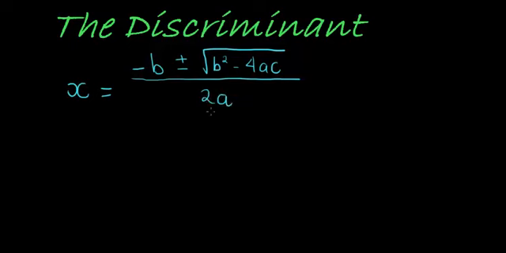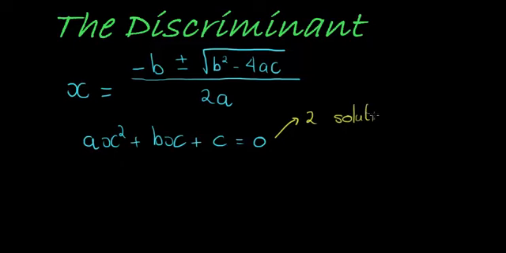Now you'll remember that this is when we have a quadratic equation, ax² + bx + c = 0. But we did say that a quadratic equation can have different types of solutions. We can, for example, have two solutions, or we can have one solution, only one x to solve this equation, or we can have no solutions, 0 solutions.